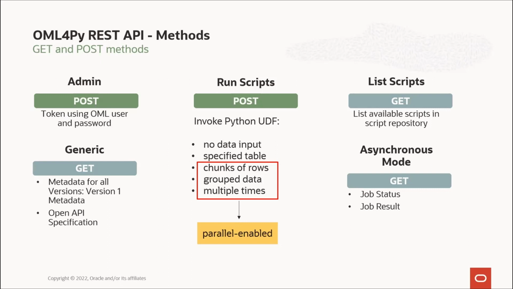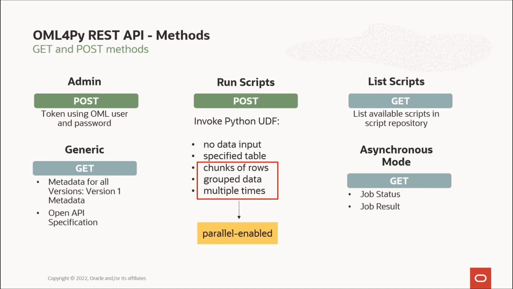These are all of the OML4Py REST endpoints and their methods. The administration components are for getting the authorization token. The generic components are there so you can view the open API specification. And then we can list and invoke the scripts that you have available to you, which are either scripts you've created or scripts that another database user has saved as global scripts.